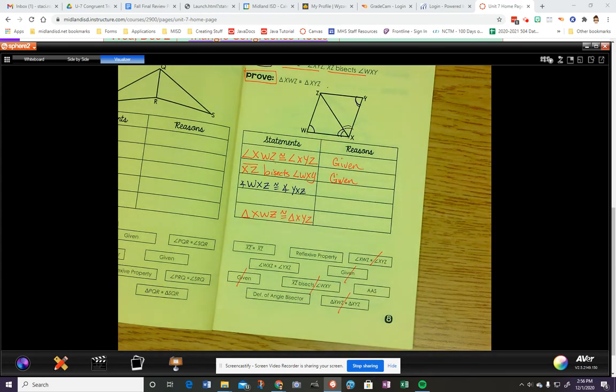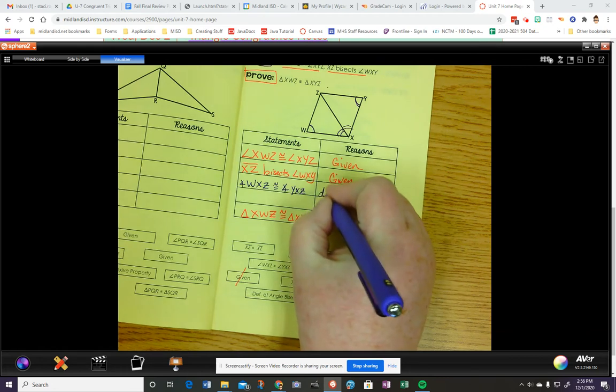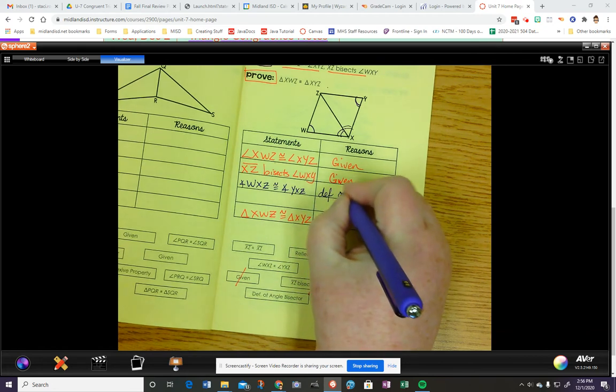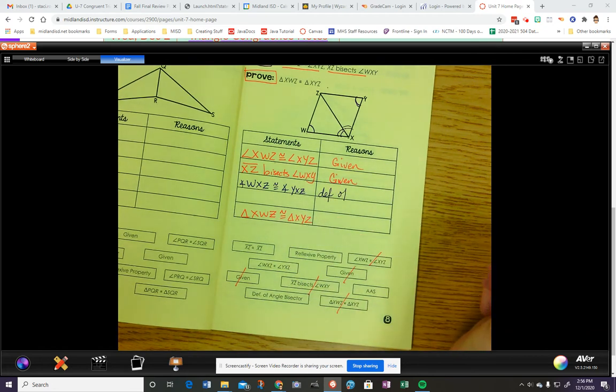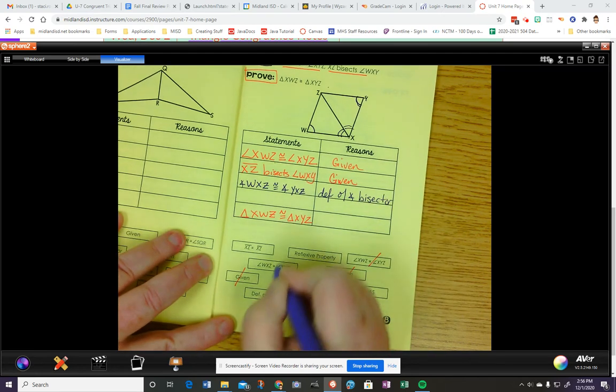How can I say that? By definition of angle bisector. It's this one right here and this one right here.